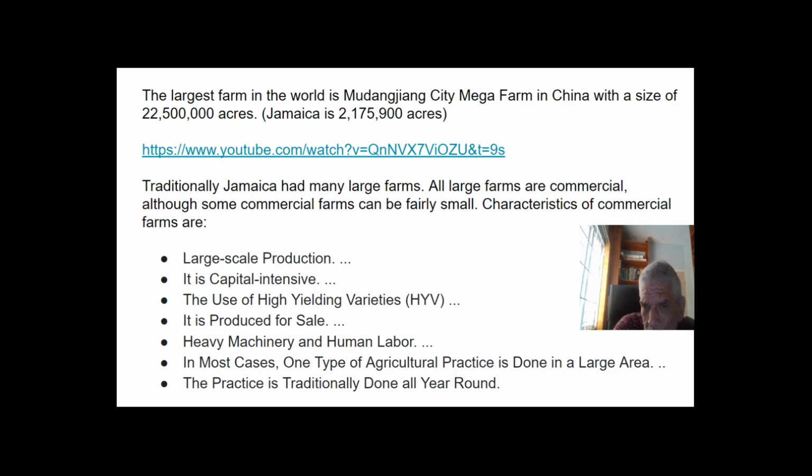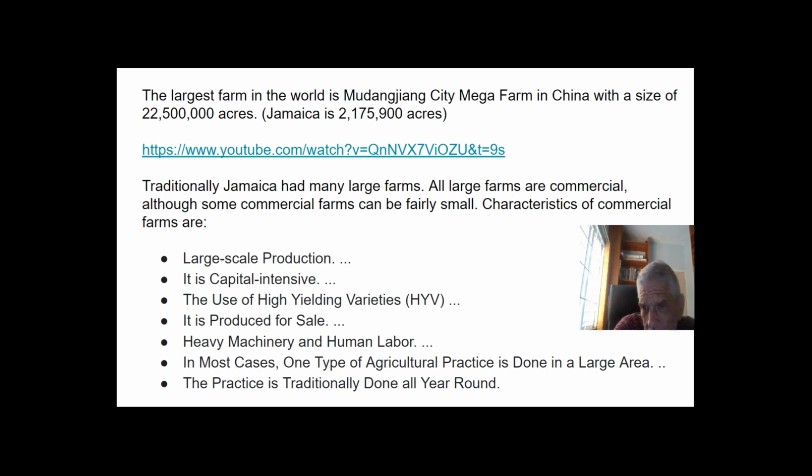You probably have some subsistence farming in Jamaica, but not much. And so some people farm commercially but don't get much money from it. It's just a means of supplementing income. You might have taxi drivers or teachers who grow a bit of things on the side, just to try and make up a bit more money because salaries tend to be small.